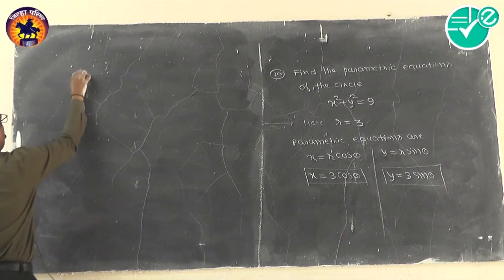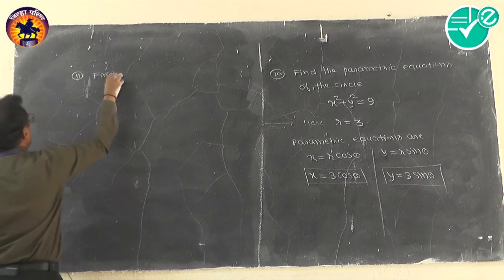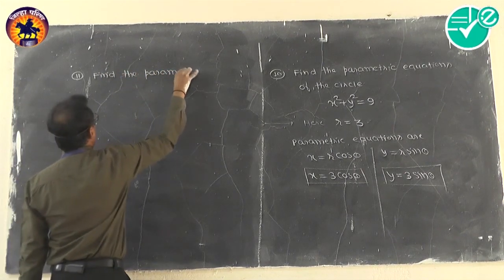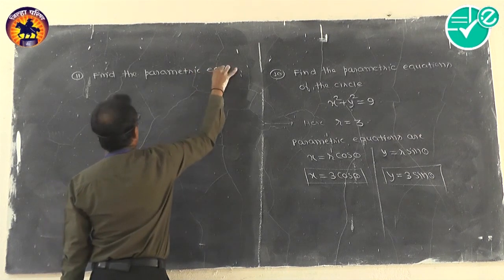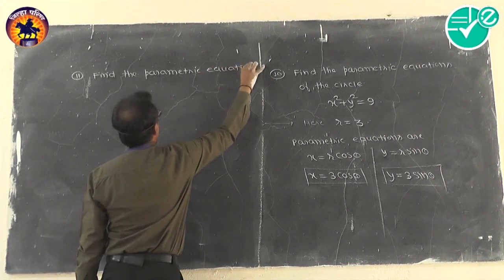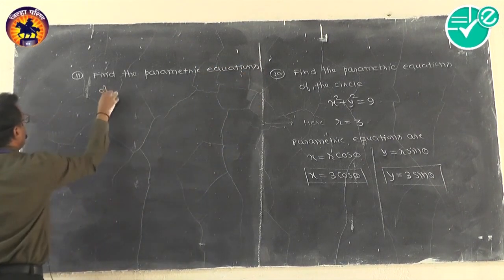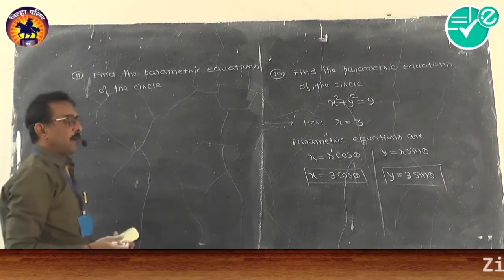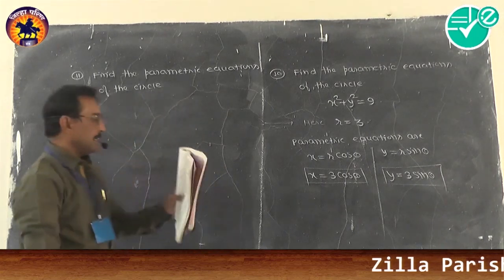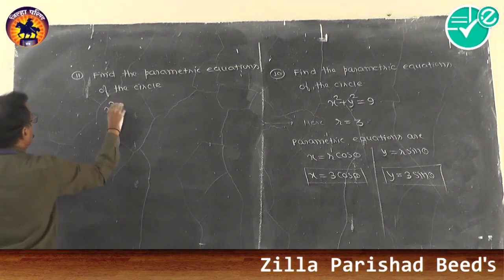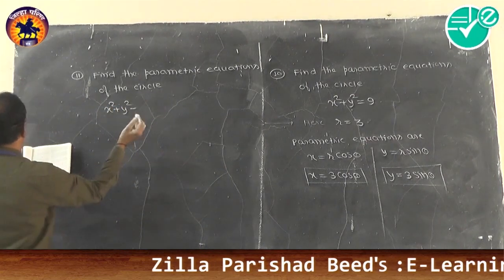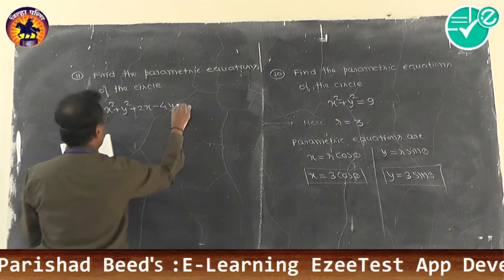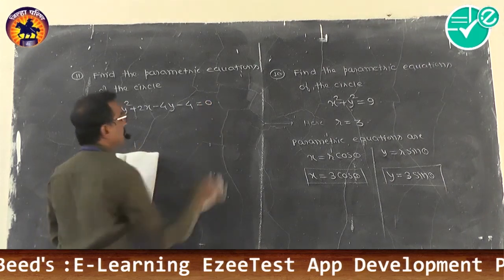Suppose some different question is asked. Question number 11. Find the parametric equations of the circle. Now I will change the format for the circle. Here the circle is given to be x square plus y square plus 2x minus 4y minus 4 is equal to 0.